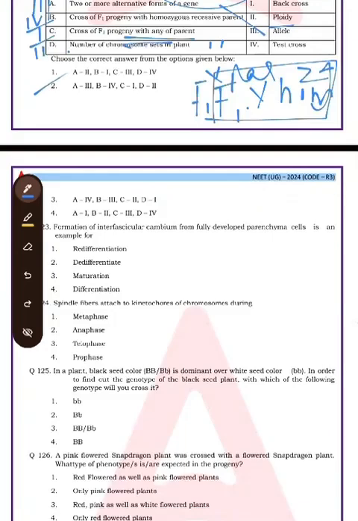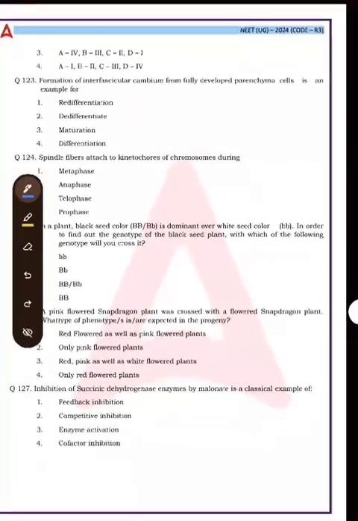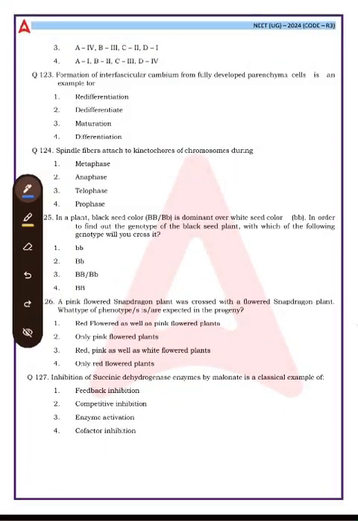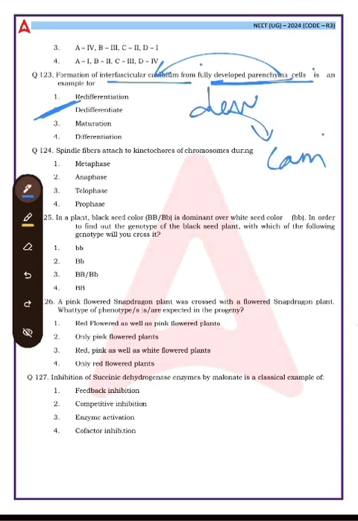Okay. Next, formation of interfascicular cambium from fully developed parenchyma cells. When interfascicular cambium is formed from fully developed parenchyma cells, this is called dedifferentiation. From already developed cells, this cambium is forming.